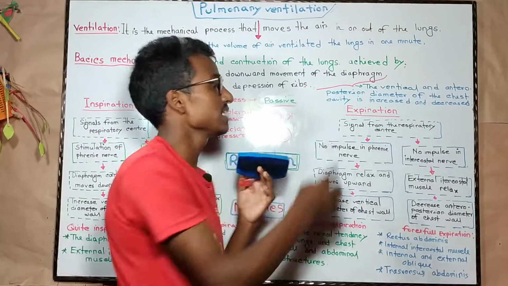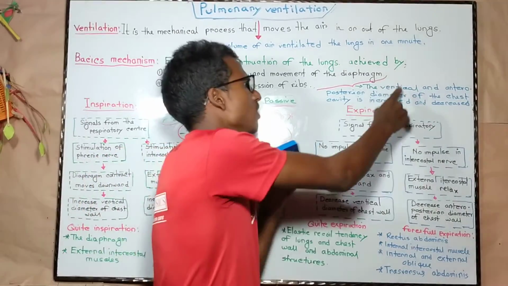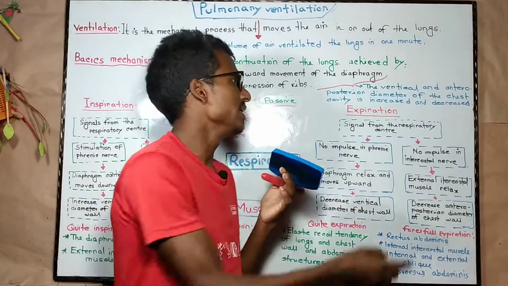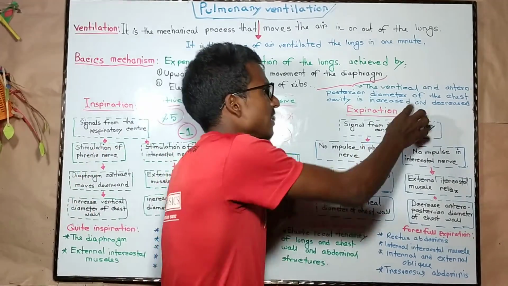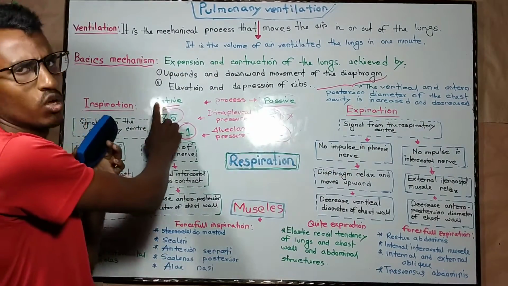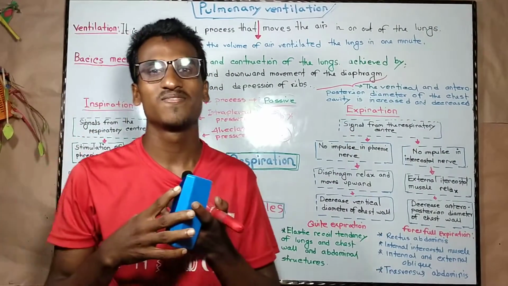By these two processes, the vertical and anteroposterior diameter of the chest wall is increased and decreased. In case of increase, it's called inspiration, and in case of decrease, it's called expiration.